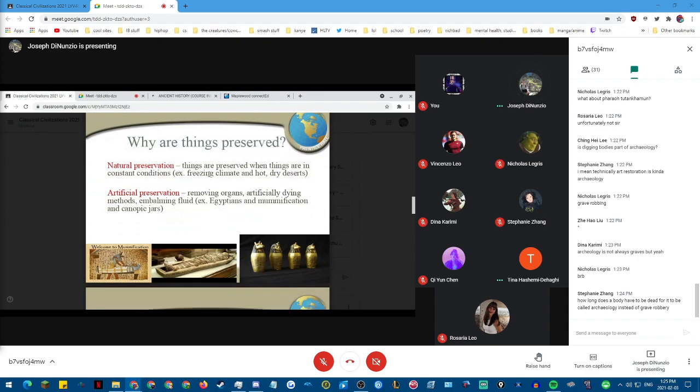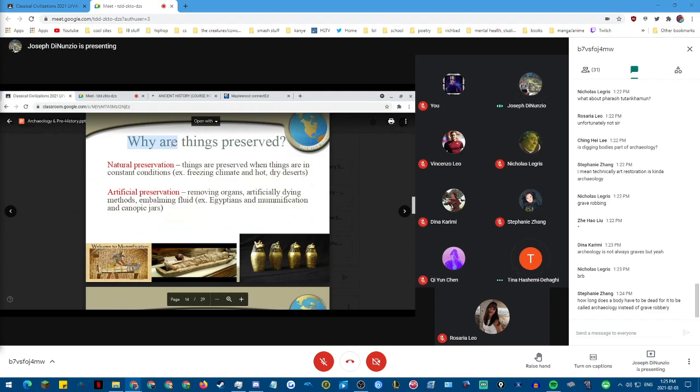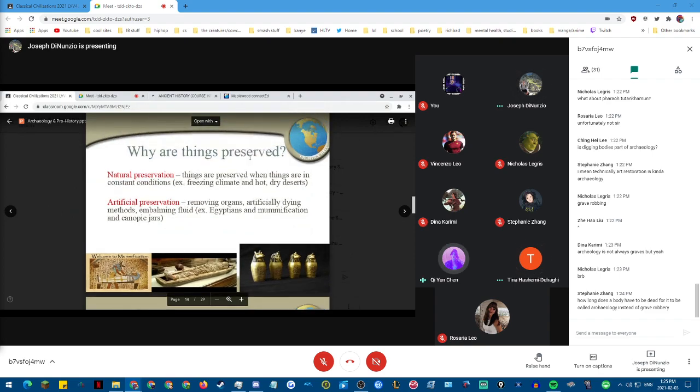So first, let's start with why and how are things preserved, Sabrina? Natural preservation. Things are preserved when they are in constant conditions, for example, freezing climate or hot, dry deserts. And artificial preservation: removing organs, artificial drying methods, embalming fluid, for example, Egyptians and mummification, and canopic jars. Good. These are canopic jars here.